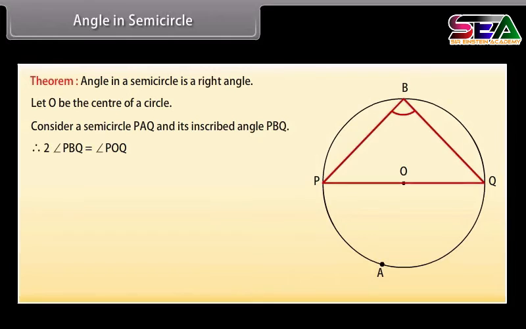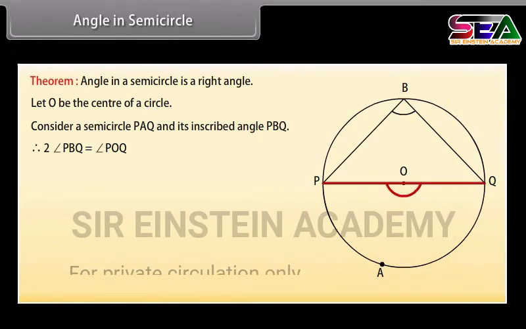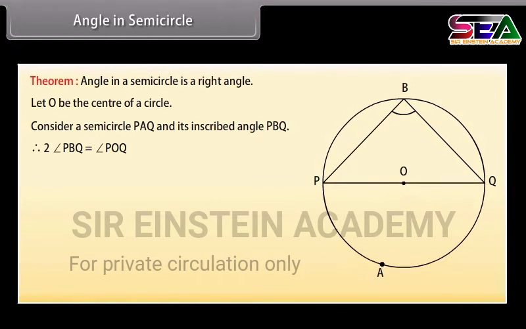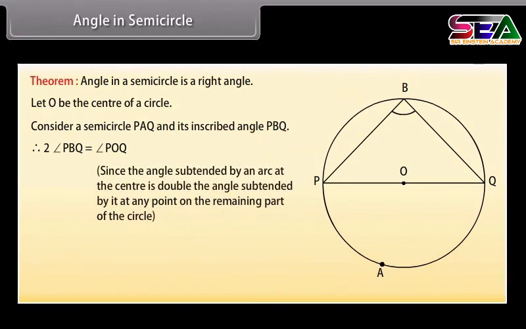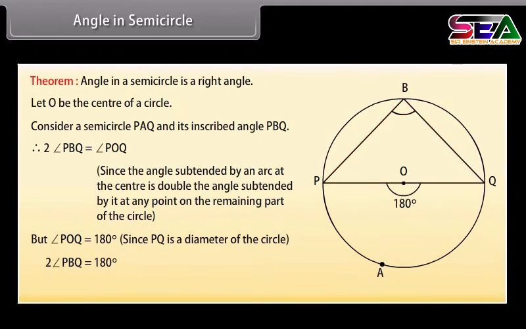Therefore, 2 angle PBQ is equal to angle POQ, because we know that the angle subtended by an arc at the center is double the angle subtended by it at any point on the remaining part of the circle. But angle POQ is 180 degrees because PQ is the diameter of the circle. 2 angle PBQ is equal to 180 degrees. Therefore, angle PBQ is 90 degrees.